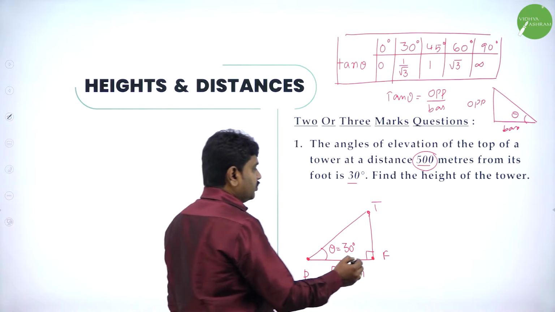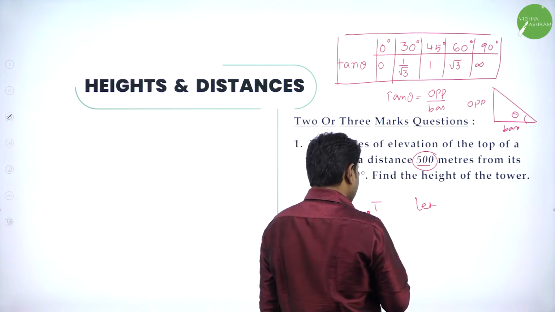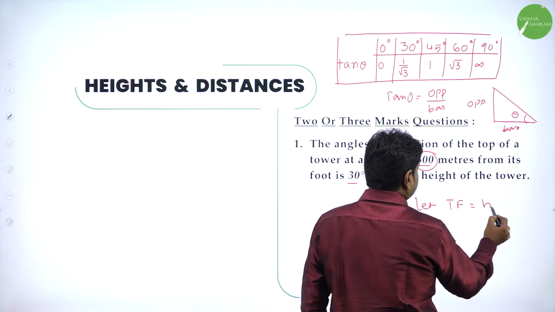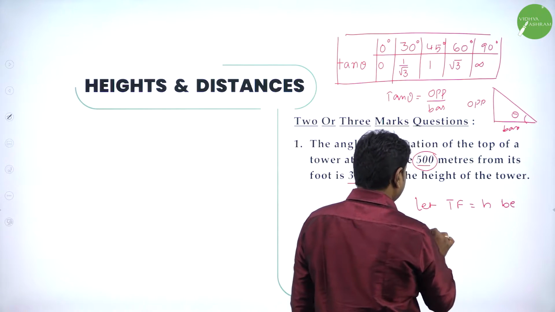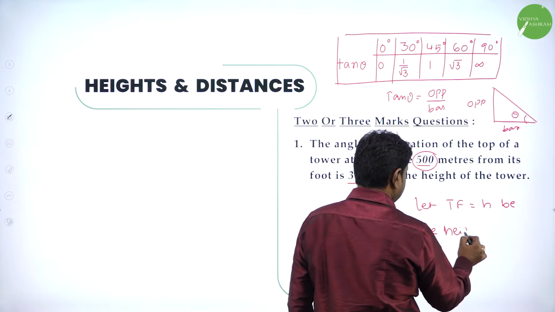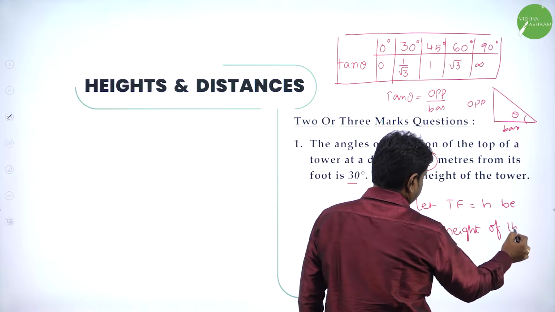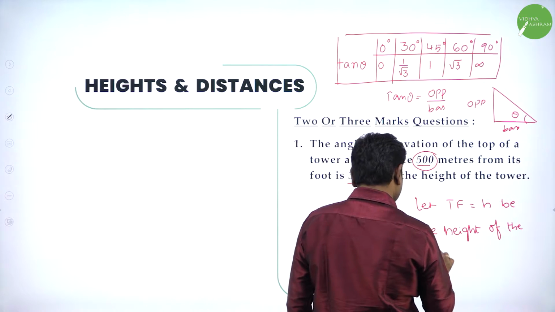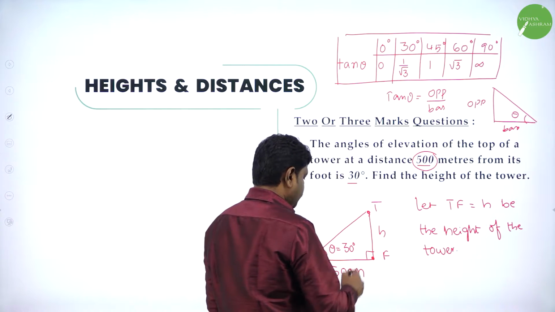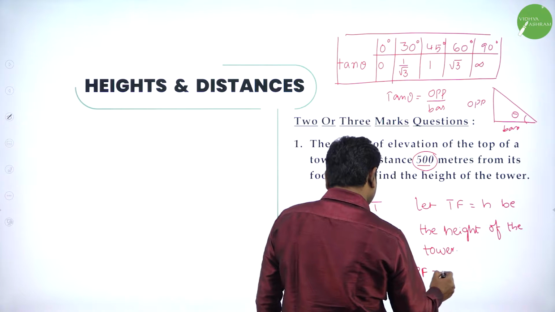So in the diagram, whatever we have assumed, let h be the height of the tower. TF is equal to h, the height of the tower which we need to find. And FP is the distance P to F, 500 meters.